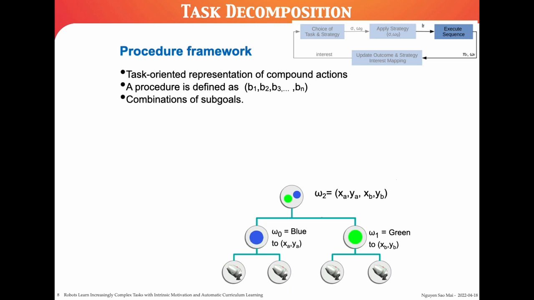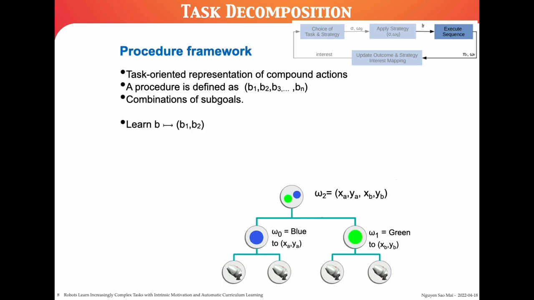For instance, here we can consider that combining the positions of the blue and green objects can be decomposed into the first subtask, which is putting the blue object at a position x0, y0. And the second subtask is putting the green object at position x1, y1. So the task omega 2 is composed of the subtasks omega 0 and omega 1.